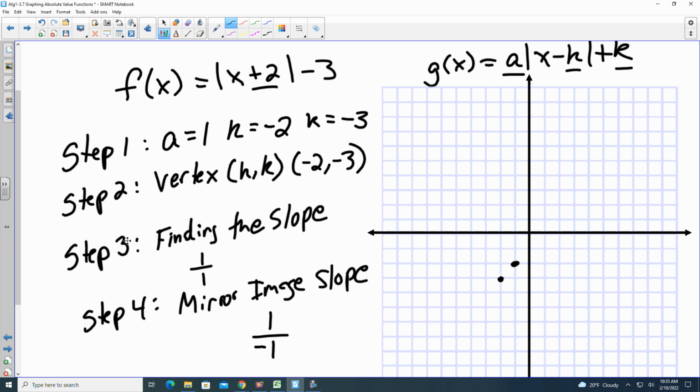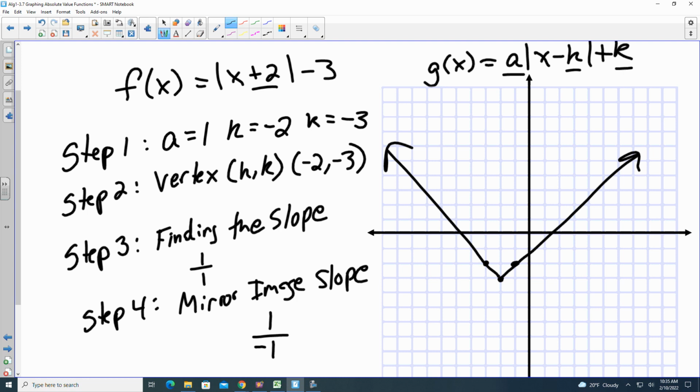So I go up 1 to the left 1. And what should happen is you should have your vertex and then 2 points that indicate where my V shape on the graph is going to be. Since a was a positive 1, that means it's going to be right side up, so it's consistent with the equation. And then I just connect the points from the vertex.